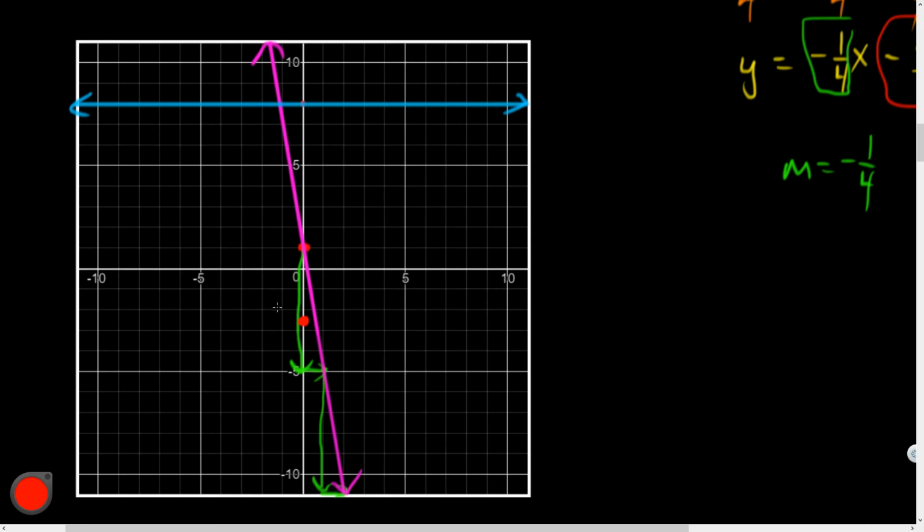And my slope is -1/4. How do I move? Depending on how you think about it, we always do rise over run. I'm going to go down 1. So -2.5 minus 1 is going to give me -3.5. And then what's my run? 4.